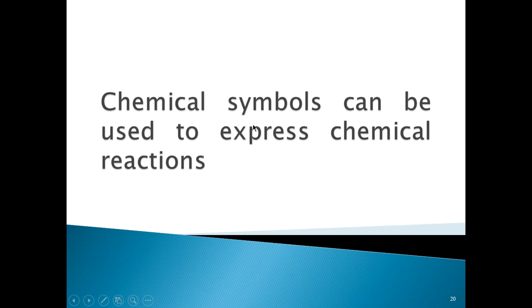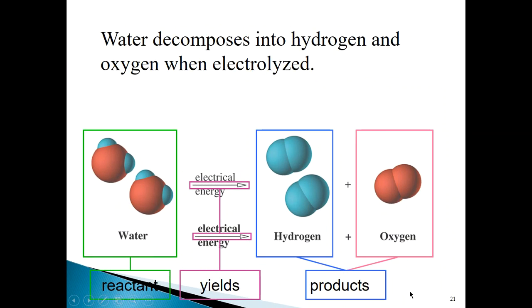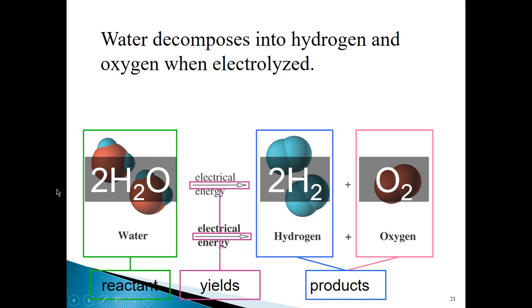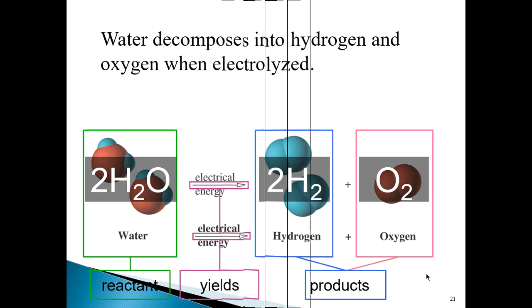All right, so chemical symbols can be used in a chemical equation. So that's what you see here. This is basically the symbols that are used to indicate, in this particular case, that water is being split up or electrolyzed. That's a term that is used when an electric current is used to split up a substance. So water is undergoing electrolysis to form hydrogen and oxygen.